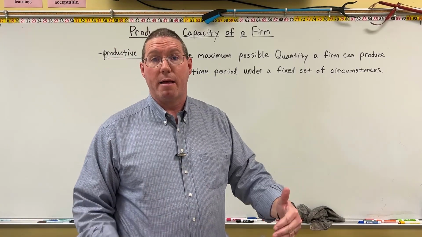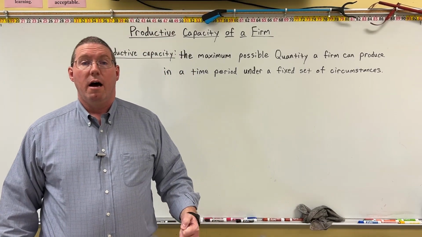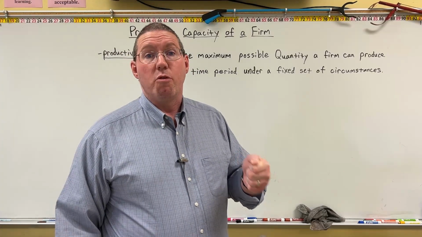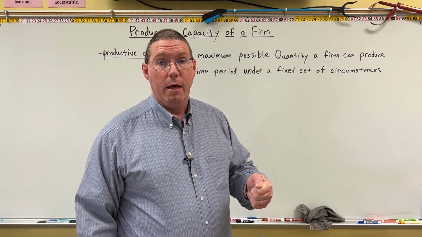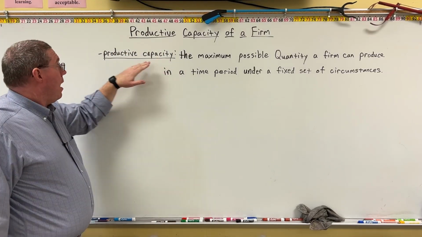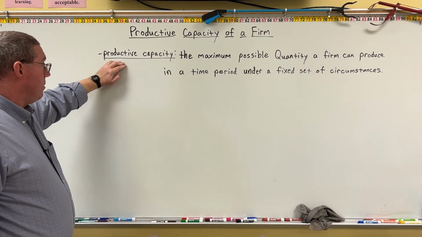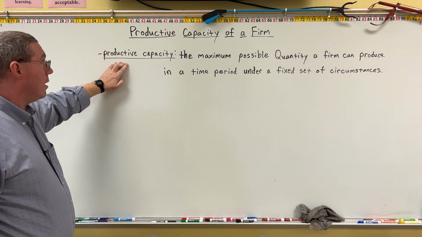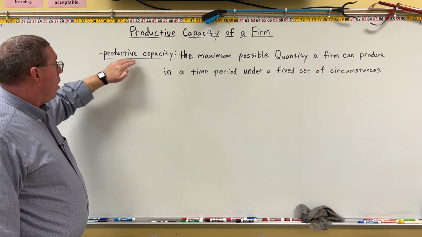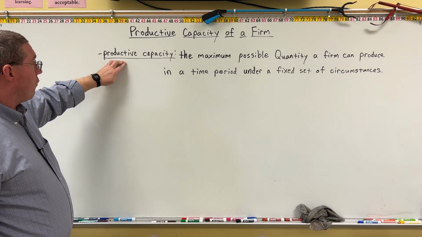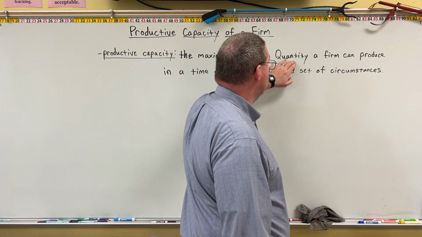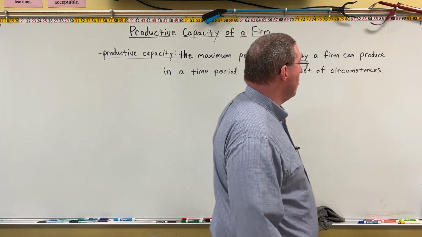The capacity of a milk jug is 1 gallon. So capacity is like a maximum limit. And productive means production, the quantity we are producing and selling. So this is a limit on what a firm can produce and sell. It is the maximum possible quantity a firm can produce.